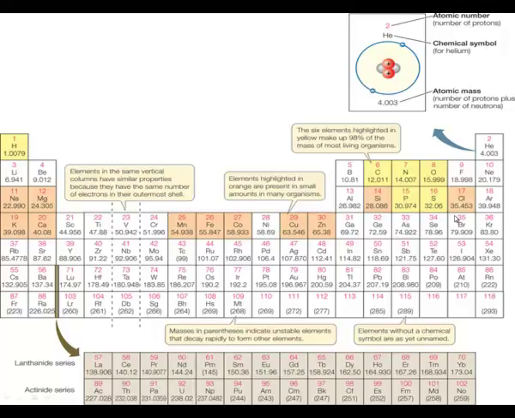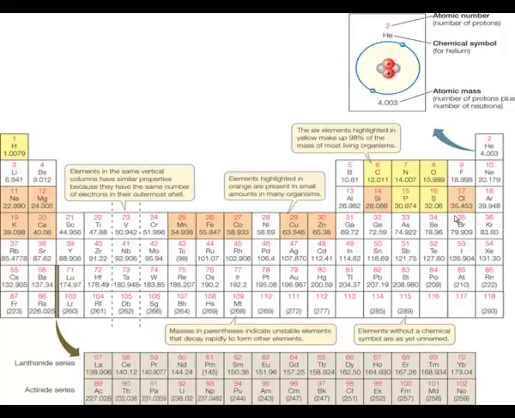And believe it or not, even though there are many elements shown in this table, it's those 6 that make up 98% of the mass of most living organisms. That's pretty astounding, and in a few minutes we'll discuss some of the reasons why these particular elements are so special.